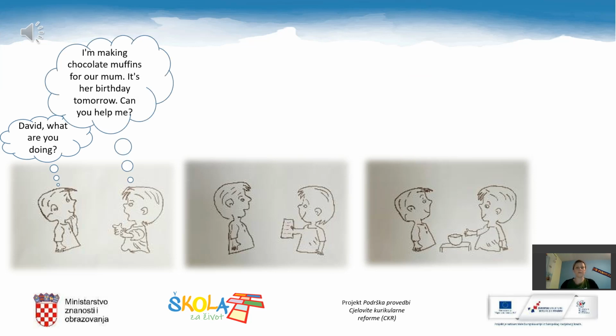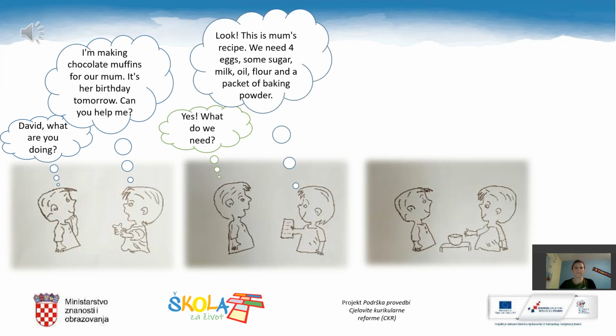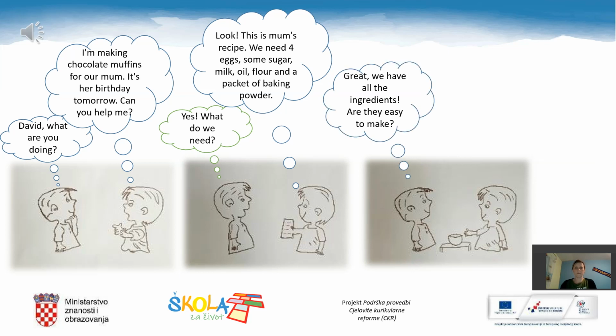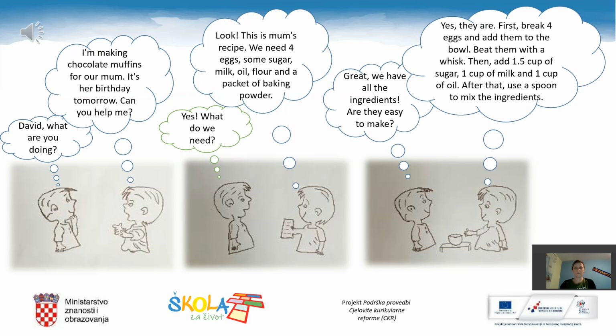David, what are you doing? I'm making chocolate muffins for our mum. It's her birthday tomorrow. Can you help me? Yes, what do we need? Look, this is Mum's recipe. We need 4 eggs, some sugar, milk, oil, flour, and a packet of baking powder. Great, we have all the ingredients. Are they easy to make? Yes, they are. First, break 4 eggs and add them to the bowl. Beat them with a whisk. Then, add 1.5 cup of sugar, 1 cup of milk, and 1 cup of oil.